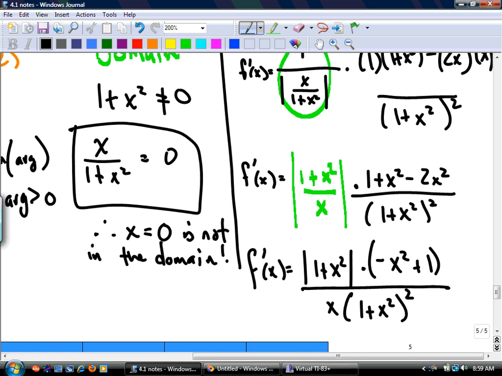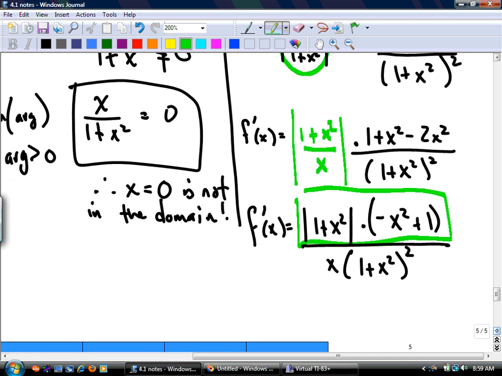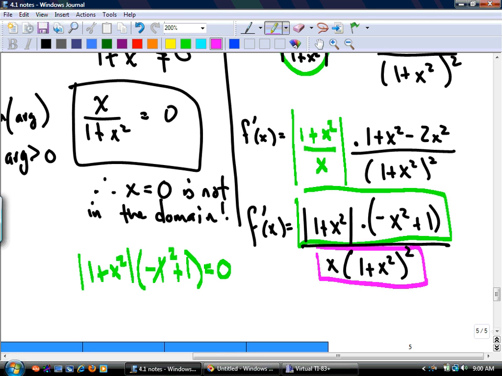Now you're looking at it going, huh? A little bit? Okay, there's two kinds of critical points. The ones that make the numerator equal 0, and the ones that make the denominator equal 0.